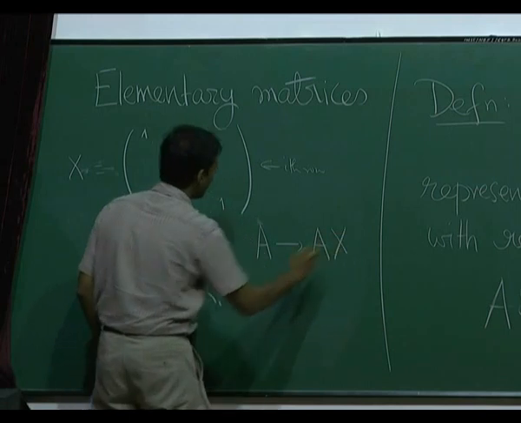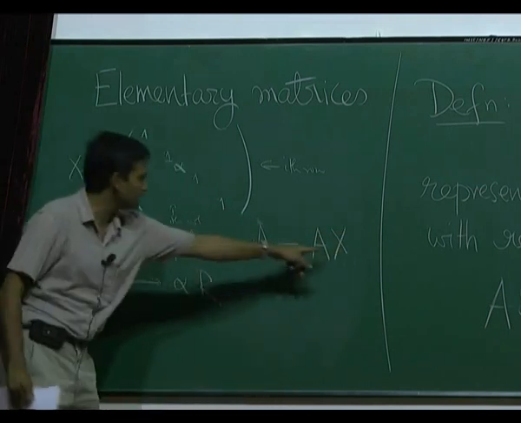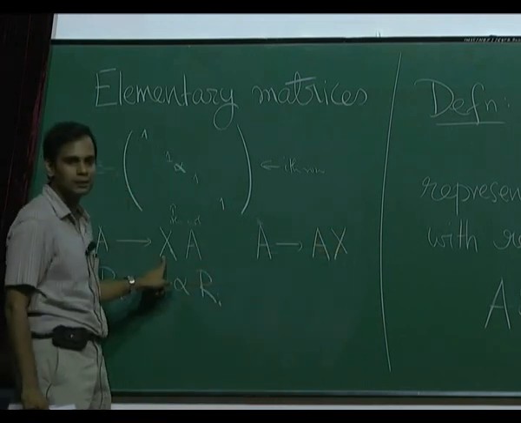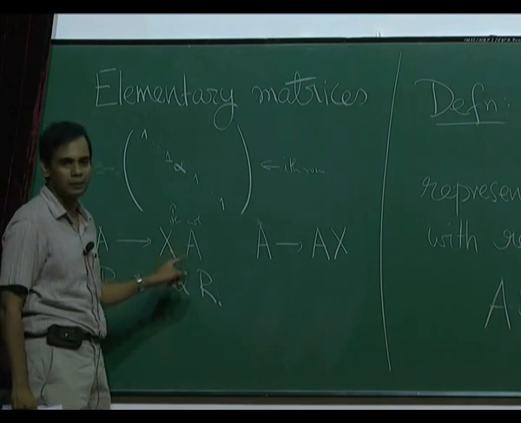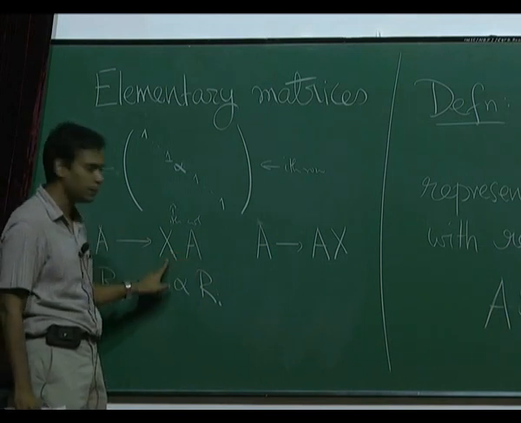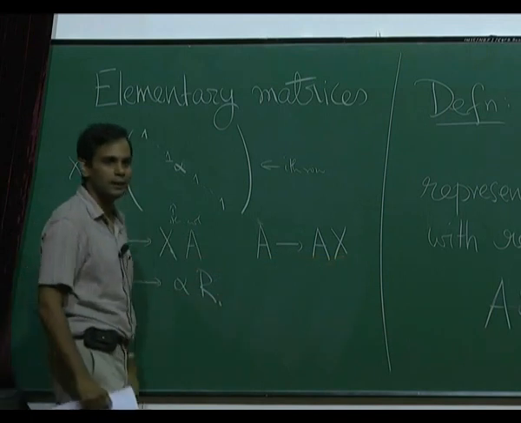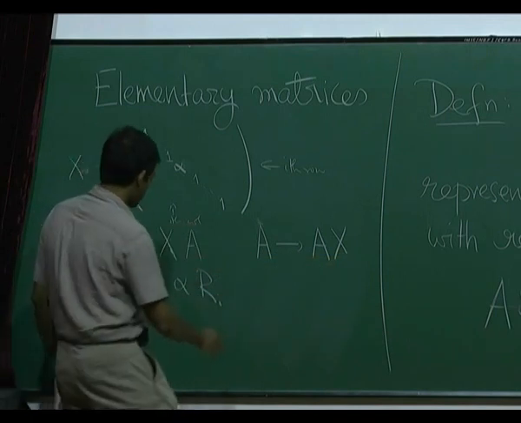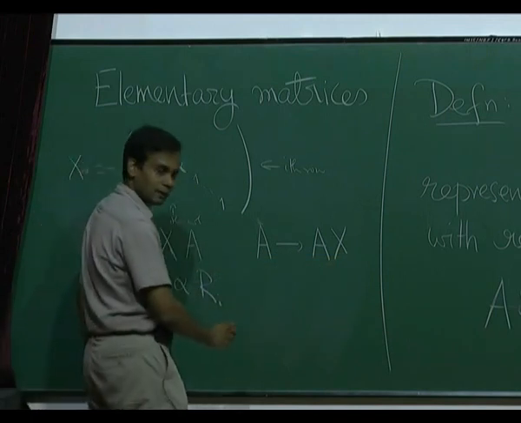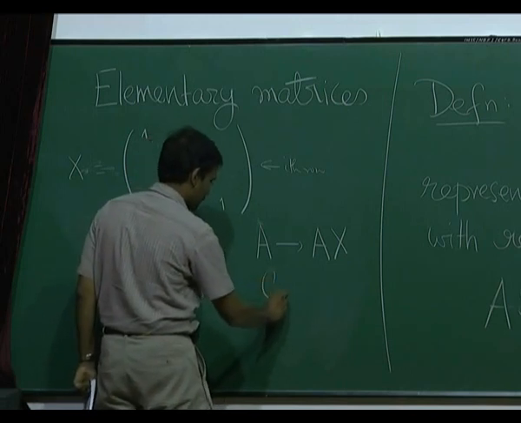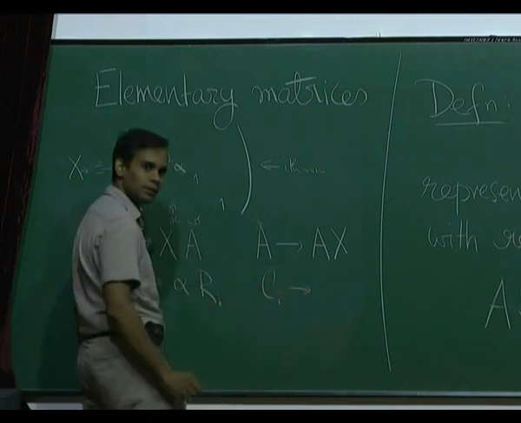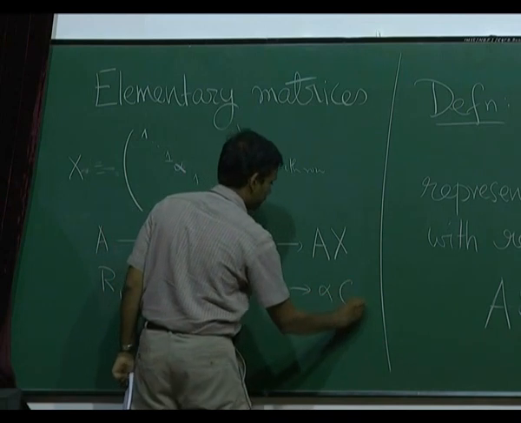I am being a bit careless here, of course, because the size of this X would have to be different from the size of this X if A is not a square matrix. If A is m by n, then this should be m by m and this should be n by n. But never mind, this would be ith column goes to alpha times ith column.